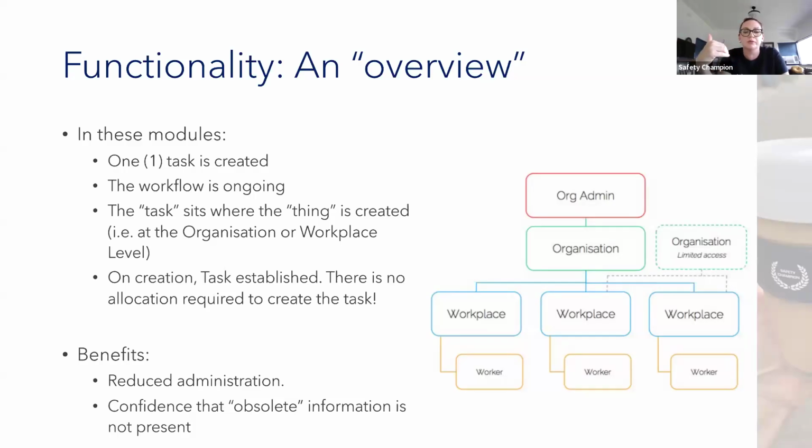They're not managed by the workplace unless they're actually created at that workplace level. When we speak about tasks being created at workplaces, that means that is owned by the workplace. Other workplaces don't have visibility there and cannot share between workplaces. So when we create at the organisation, it allows us to share downwards. So we're managing one record as opposed to managing multiple workplace records.